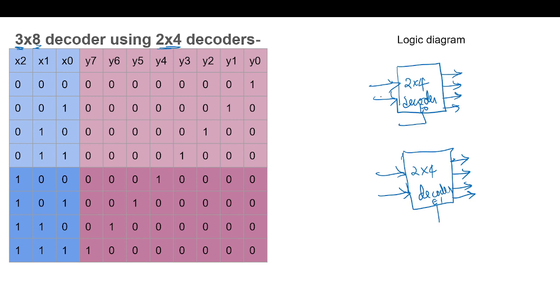So to these 2 inputs, what should be the input values? I am trying to map this to one decoder and this one to another decoder.